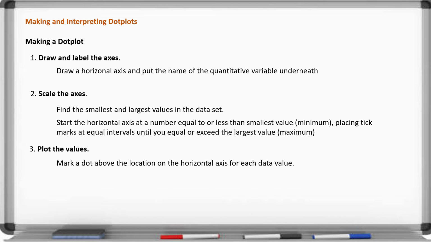Then you want to plot the values by marking a dot above the location for each data value and stack the dots for frequencies greater than 1. Make sure that you make all the dots the same size and space them out equally as you start stacking them in the graph.